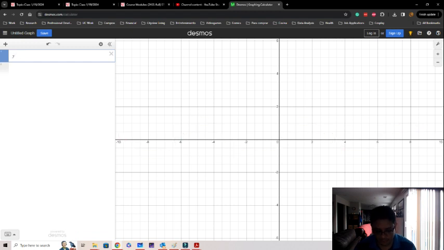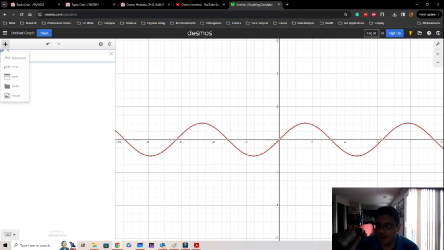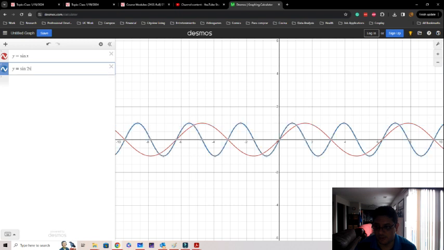If we have y equals sine of x, this is a regular sine function. But now let's see what happens when I increase the speed. I'm going to change now to 2x. Notice the blue one is much faster. Before, the red one takes 2 pi to complete a full turn.